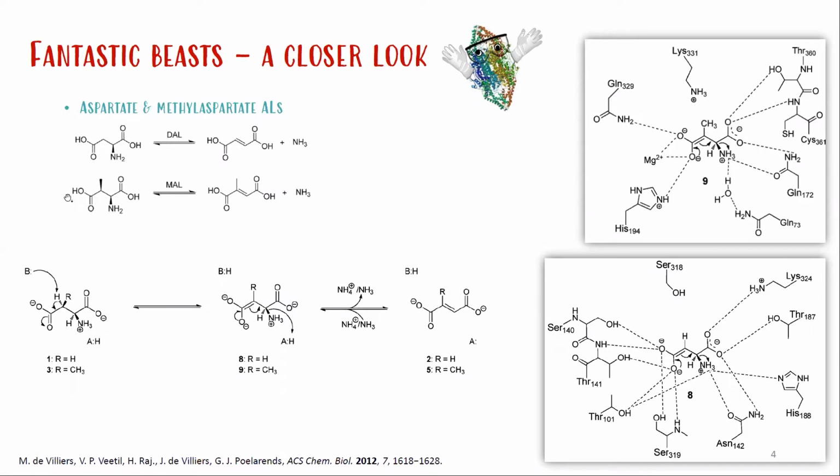what they do is they eliminate the amino group from aspartate or methyl aspartate, yielding fumaric acid or methyl fumaric acid. The basic mechanism of how that happens is outlined here below. There has to be an amino acid residue that acts as a base, which would subsequently form the carboxylic acid enolate.